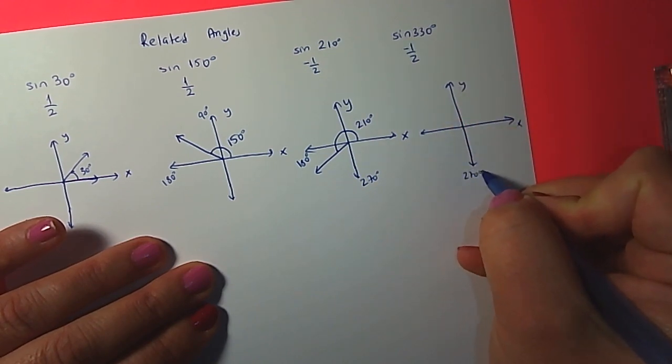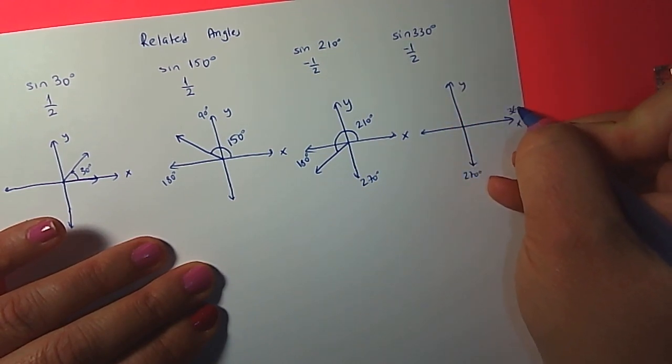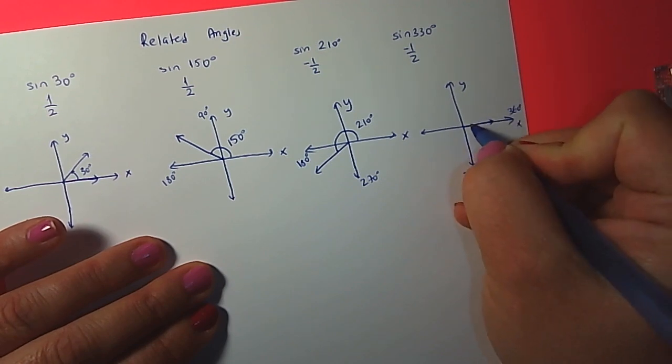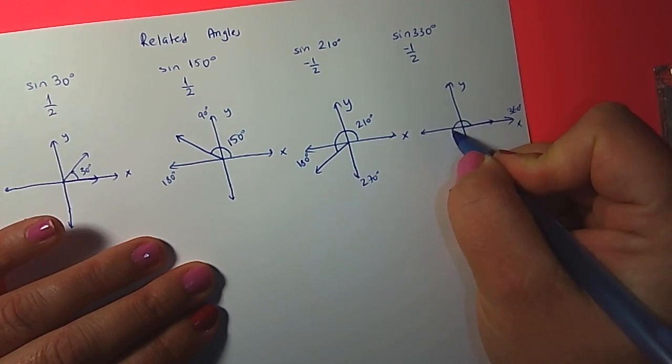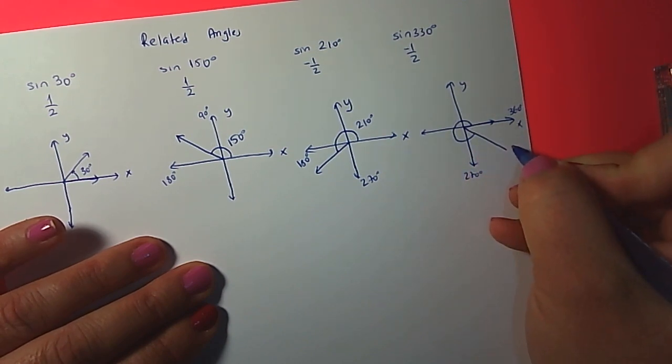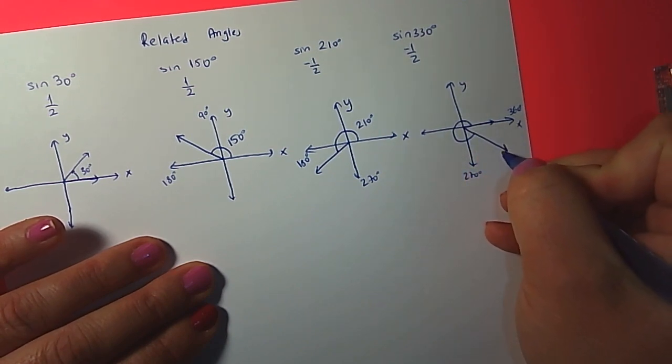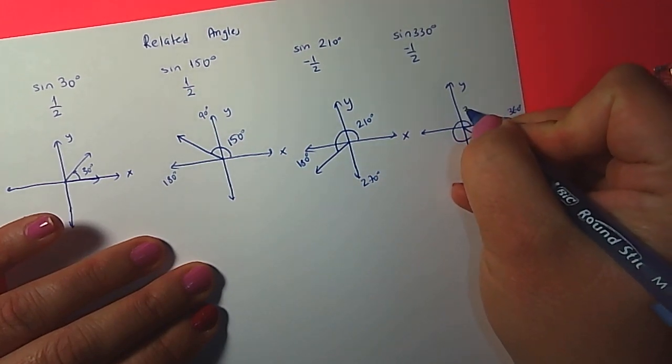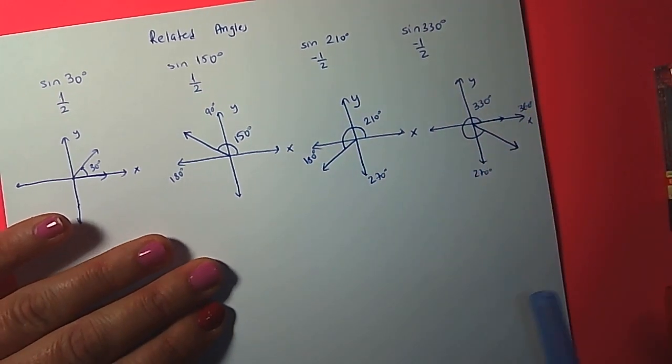This is 270, this is 0, also 360. The terminal arm of 330 should be located in quadrant 4. So this is positive 330 degrees.